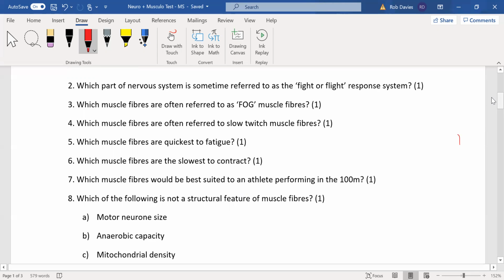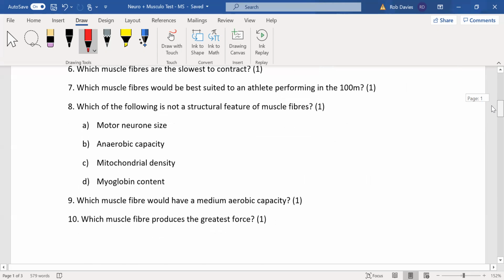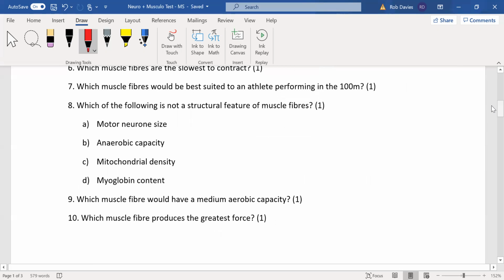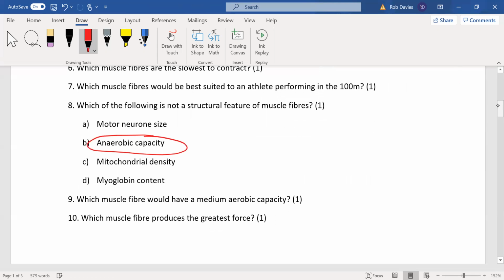Number 8, which of the following is not a structural feature of muscle fibers? And that one is anaerobic capacity. Yeah, that's not a structural feature.